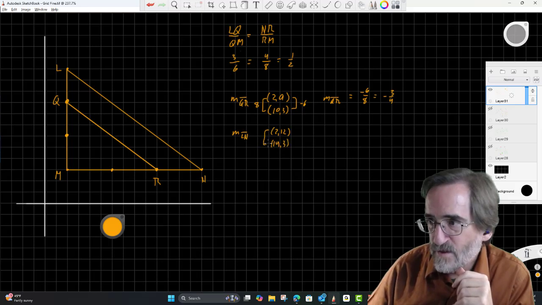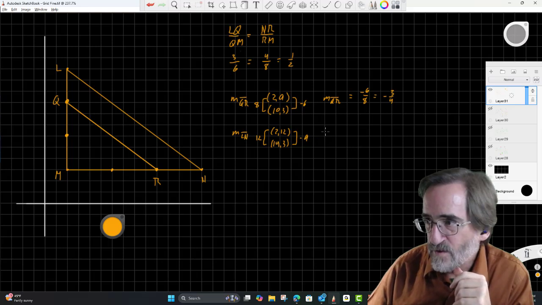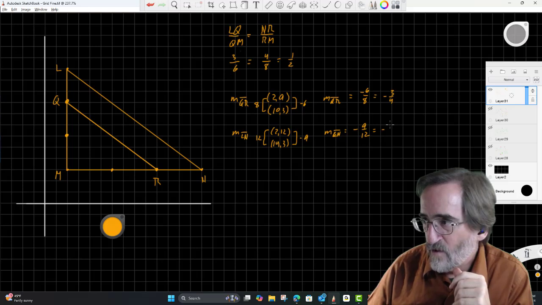Change in X. It's 2 to 14 is 12. 12 to 3 is down 9. So the slope of LN is negative 9 over 12, which is negative 3/4 if I divide by 3. So they have the same slope, so I can conclude that QR is parallel to LN. Okay.